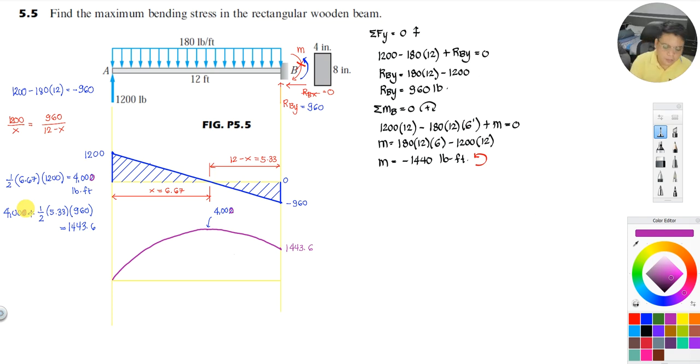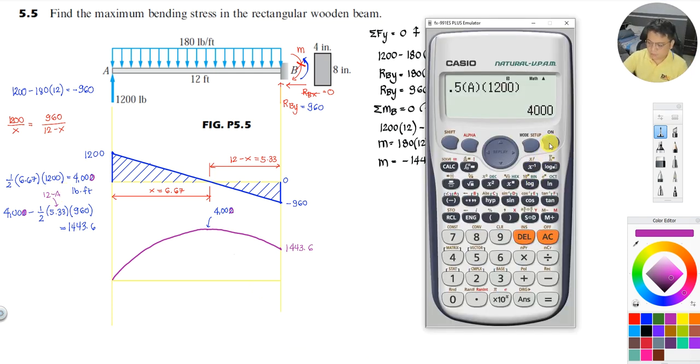Tapos ito instead gagawin ko to as 12 minus a. Okay? So check natin if we will get exact value. So that is 4,000 minus 1 half of 12 minus a. Okay? And then multiplied it by 960.